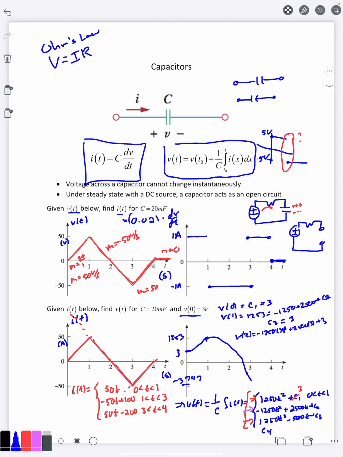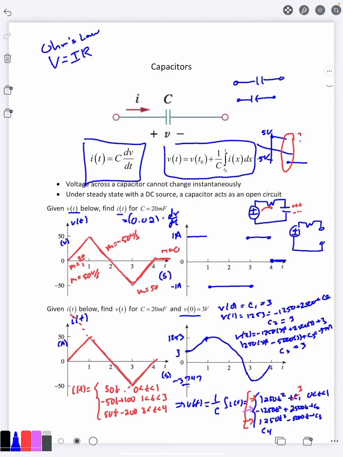So that would be 1250 times 3 squared minus 5000 times 3 plus C3 is supposed to equal the same number. And we go ahead and do some calculations here. Plus 5000 times 3. And I'm getting a C3 of 3 here, it looks like.